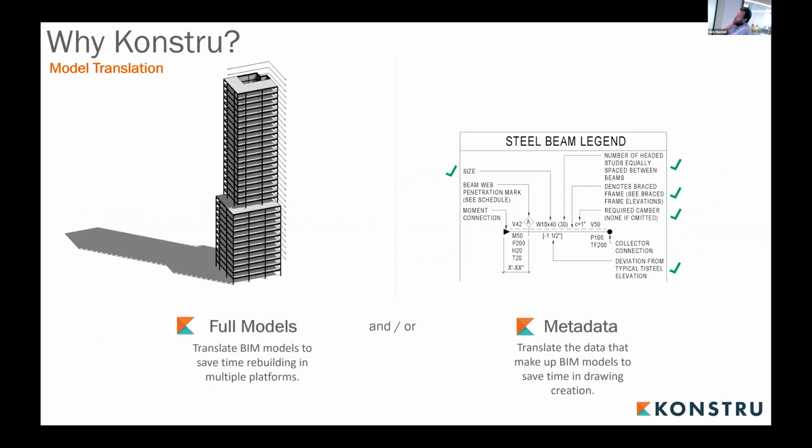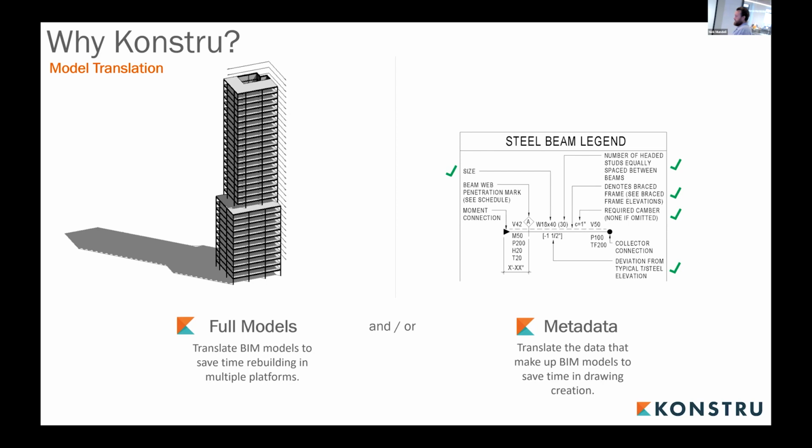Why do we build Konstru? For translation purposes. So it can do two things. It translates models, so you can get all the 3D objects from one software and have them appear in a different software. That's very useful in terms of time saving. But in a modern BIM environment, what we also need is all of the information attached to that model.